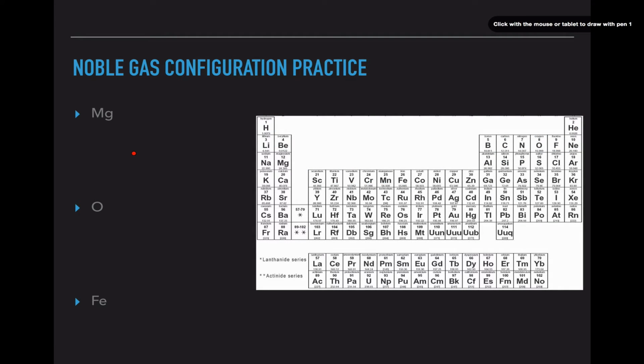So I'm going to rewrite the magnesium full electron configuration. 1s2, 2s2, 2p6, 3s2. And neon is a noble gas that is above and all the way to the right of magnesium.